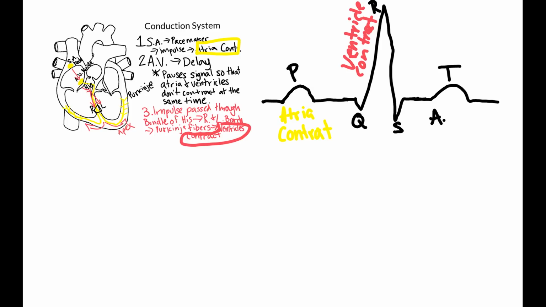So this is the atria and ventricle repolarization. You can go a lot more complex with this, but this is the extent that we are going to go over it. And I believe that is it.